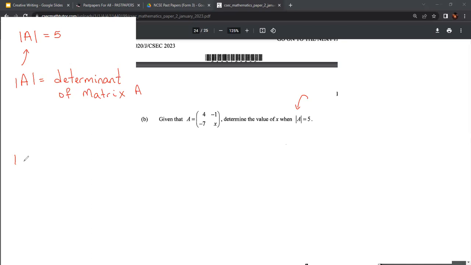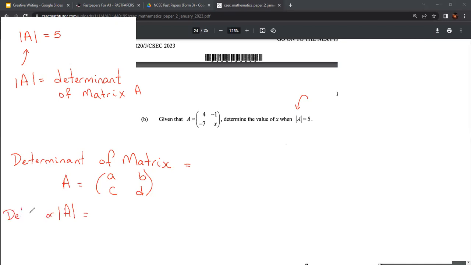Now, the determinant of a matrix. So let's say they gave us a matrix A and they told us it was A, B, C, D. If they ask you to find the determinant of A, which is this, or we could write it like this, right?